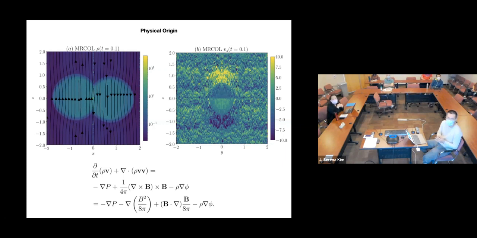So now I'll explain the physical origin of this filament formation, why it forms a filament. If you zoom into the slice plot and put the magnetic field streamlines on top of it, you can notice that at these two places, the field lines merge together.